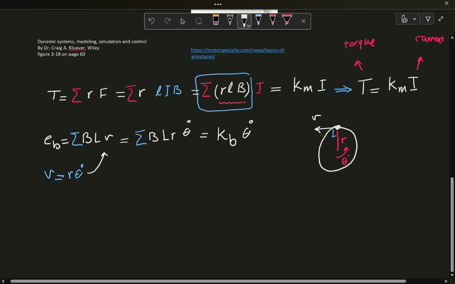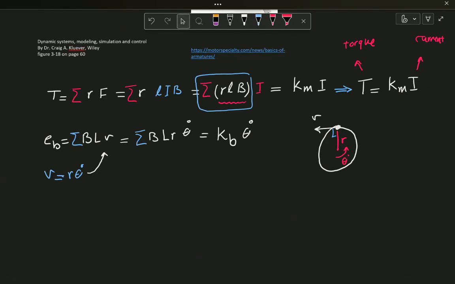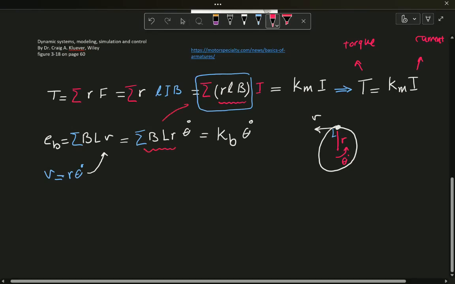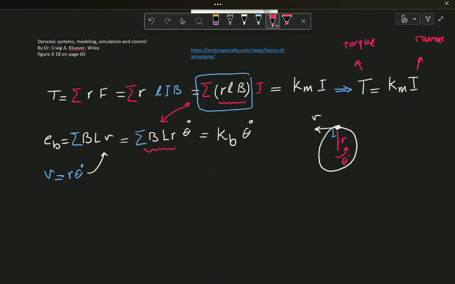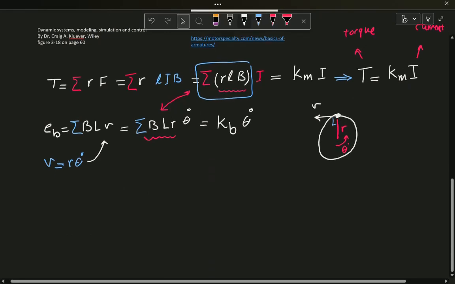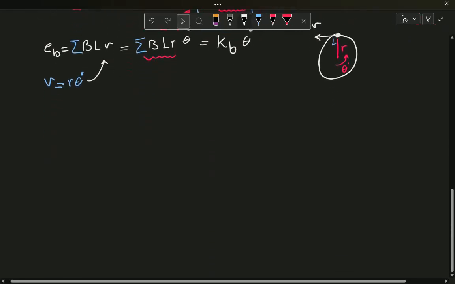And you see that in formula and paper, KB and KM are basically the same formulas. We call KB the back electromotive constant. So let me summarize the formulas in DC motors.